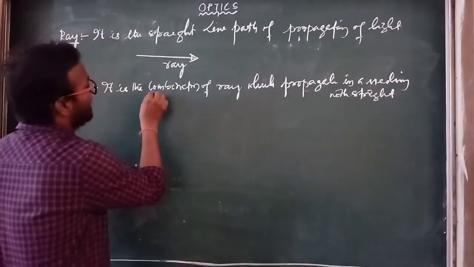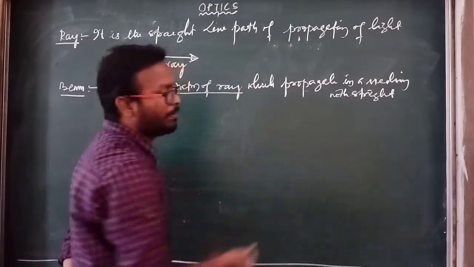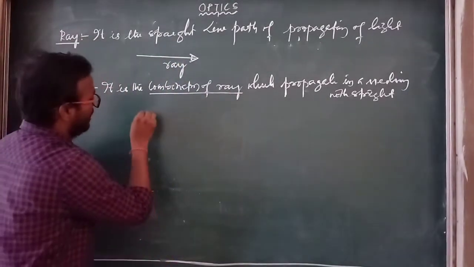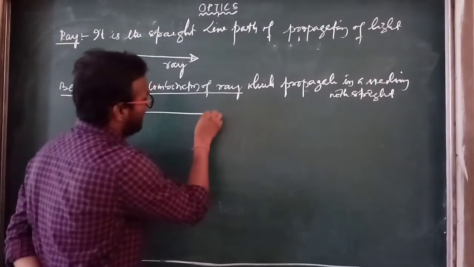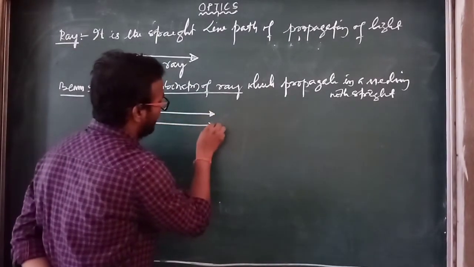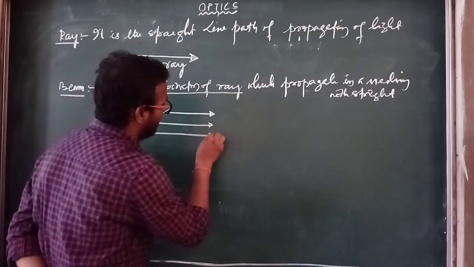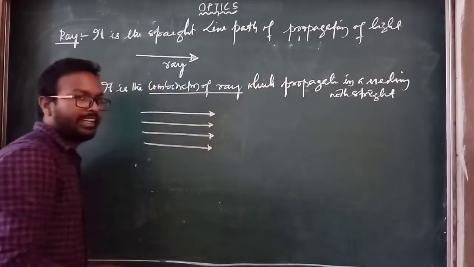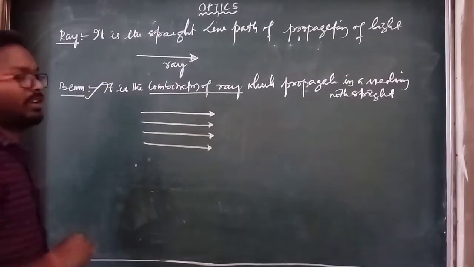That means it is a group of rays which make a beam. Suppose there is one ray, and here a second ray, another third ray, and a fourth ray. This group of rays makes a beam of light.